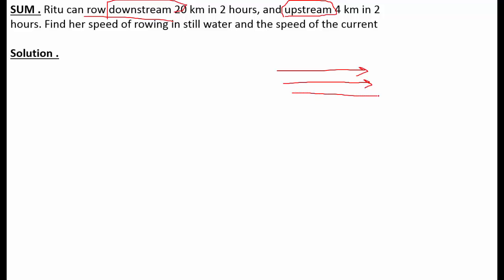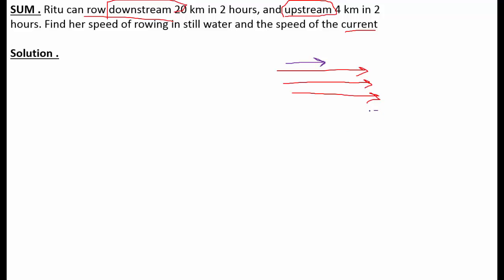Now the speed of current or speed of water is same thing, means the speed of this moving water. Current means moving water. Now if I am going in this direction, then this is called downstream.